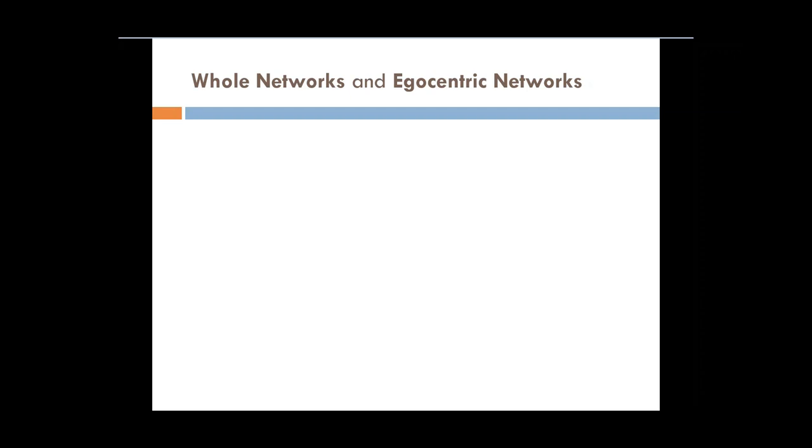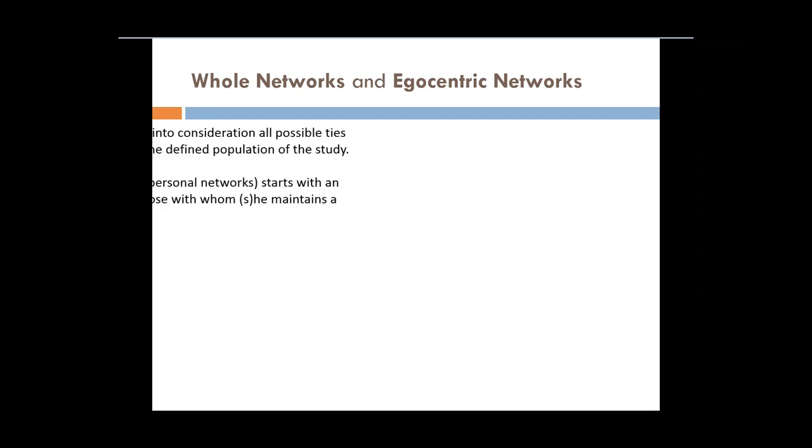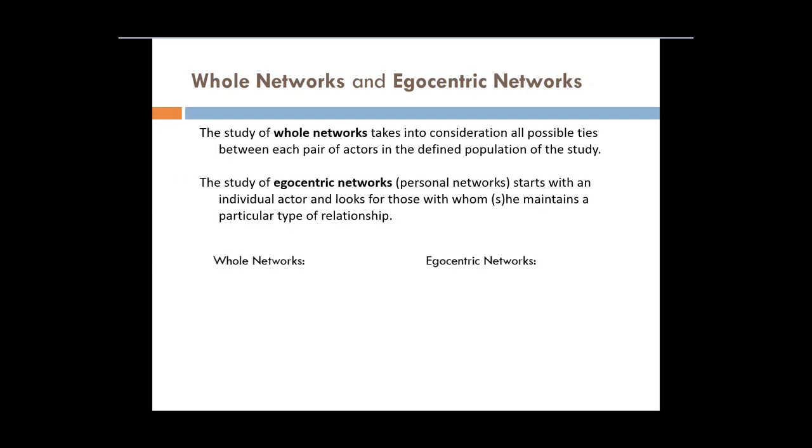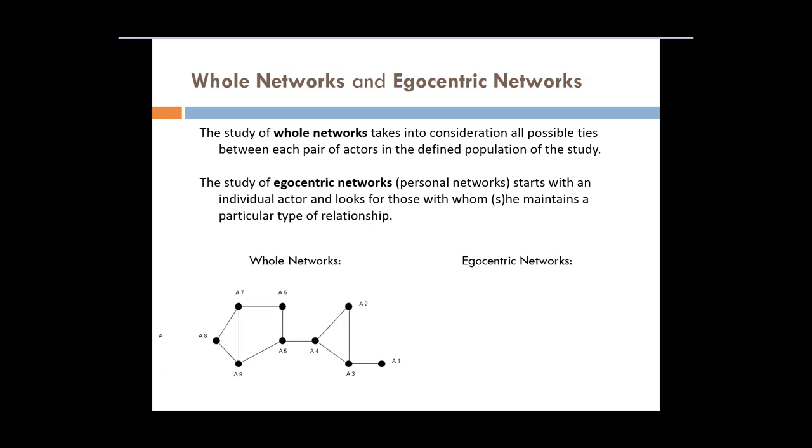One is the whole network, which is to say, you define a group first and ask what kinds of interactions we can find among each pair of persons in this group. That is called a whole network, right? So you have here 9 persons, and you see in what way they are related to one another. But the other way of talking about networks is to think in terms of egocentric networks.